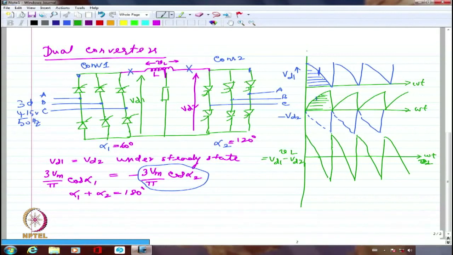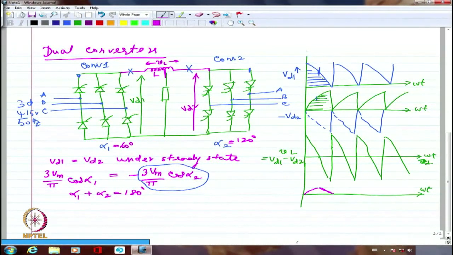So if I try to plot the inductance current, just the inductance current alone, forget about the load current. The inductance current can be calculated using L di by dt equal to VL. So I should be able to say whether di is positive or negative. During positive voltage I am going to have an increase in the current, during negative voltage I am going to have a reduction in the current.